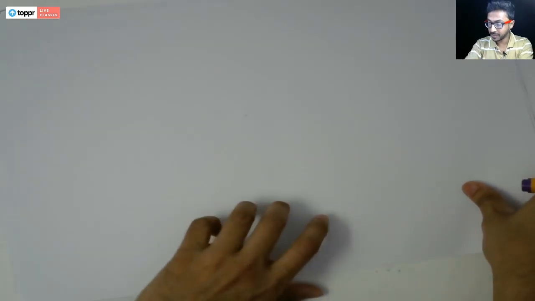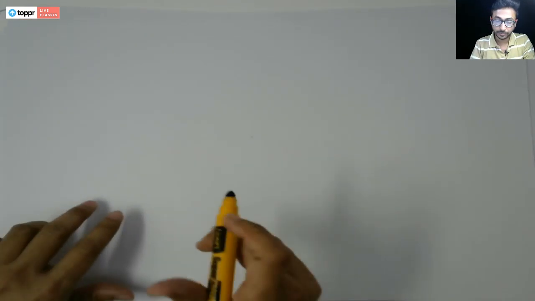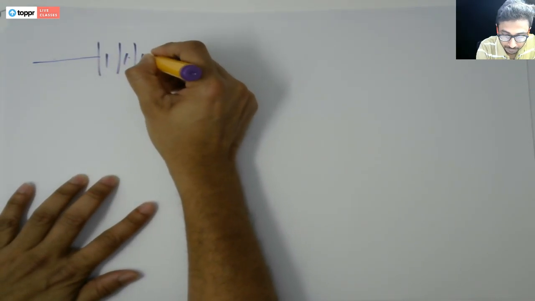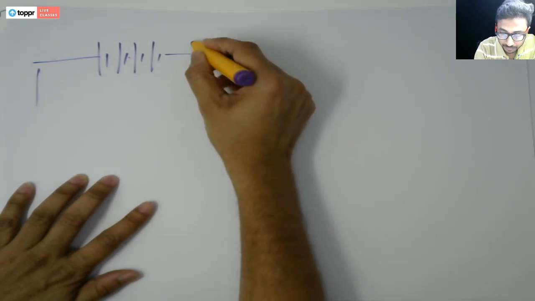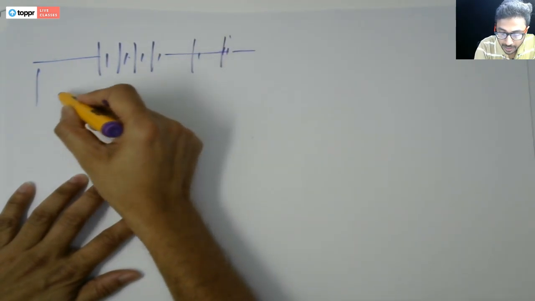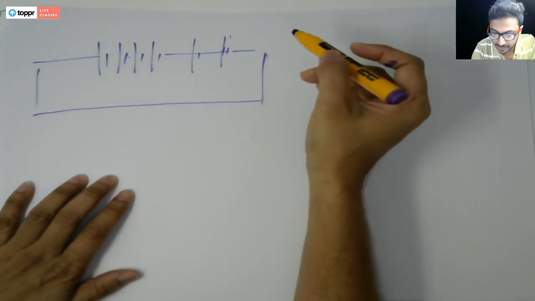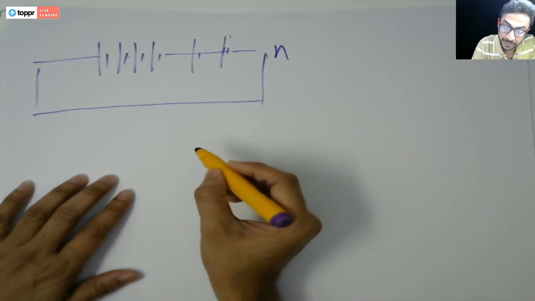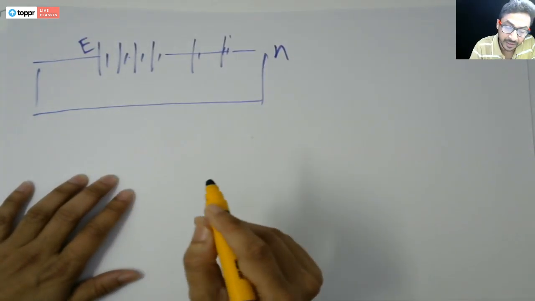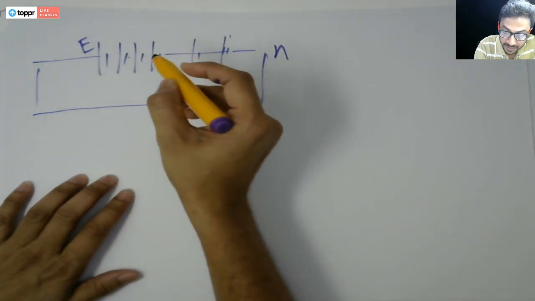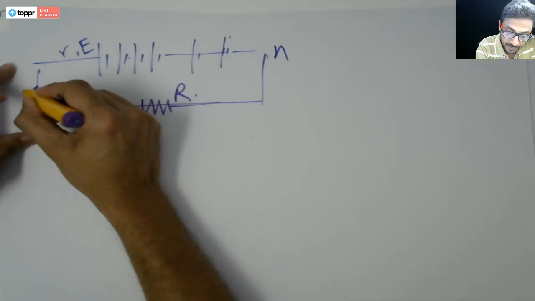Now we are coming to the series and parallel combination of cells. Now see, if there are a number of cells in this row, n number of cells, each cell having a potential difference of E and internal resistance r, and in this there is a switch.